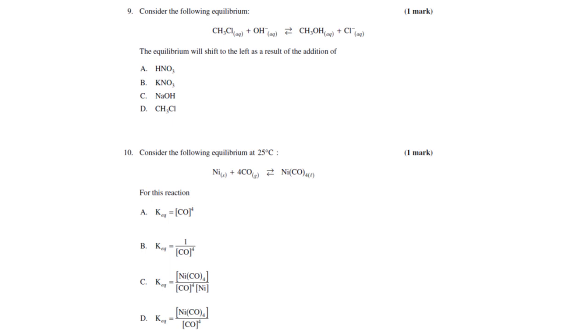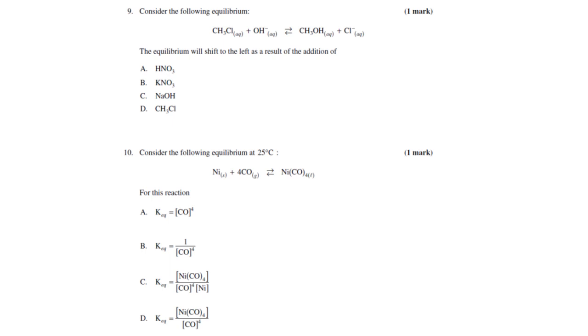Okay. The equilibrium will shift to the left as a result of the addition of. This question's a little bit tricky, and we don't fully have all the knowledge, but if you remember back to some Grade 10 Science 10 knowledge, you might be able to solve this one, and I'll show you how it's done.